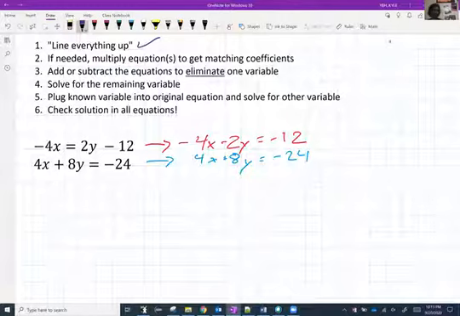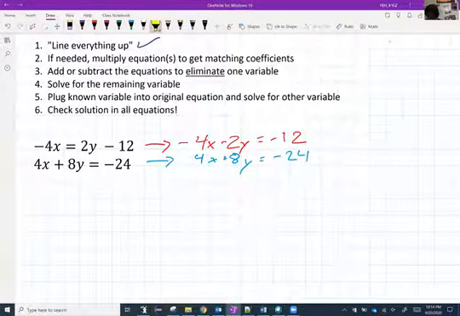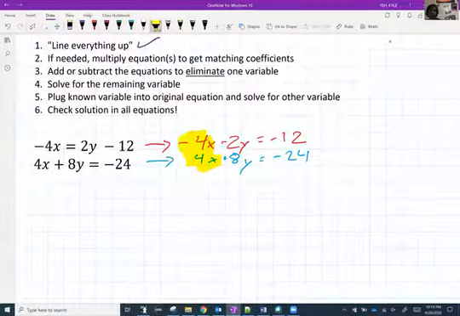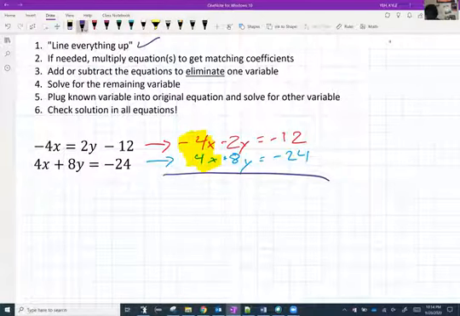If the sign is different, that's okay actually, but the absolute value of the number, that magnitude, has to be the same. So notice that I have negative 4x's and 4x's. So we don't need to multiply anything. We are all set up for elimination. And we're ready to go to step 3.